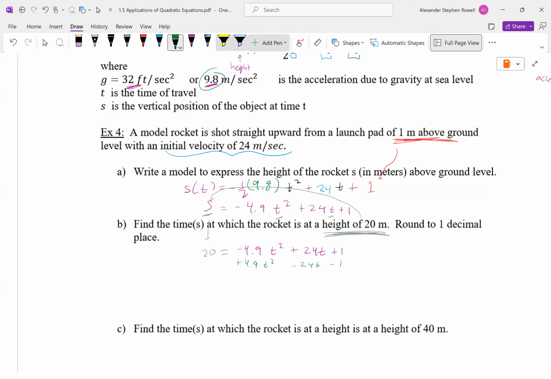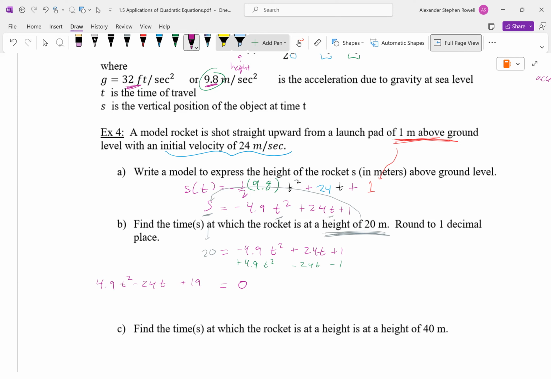Okay, so if I do this to both sides, what do I end up with? 4.9 t squared minus 24t and 20 minus 1 plus 19 is equal to 0. Probably not factorable.